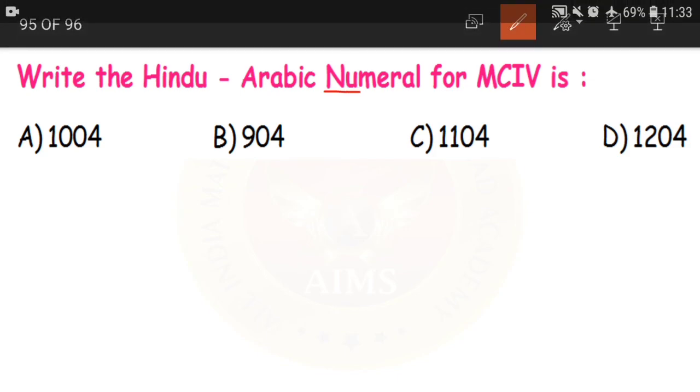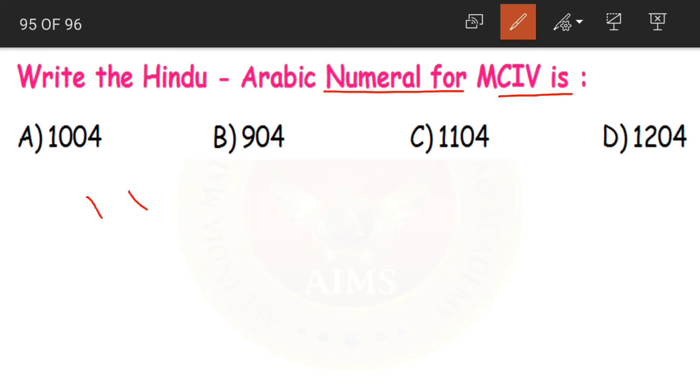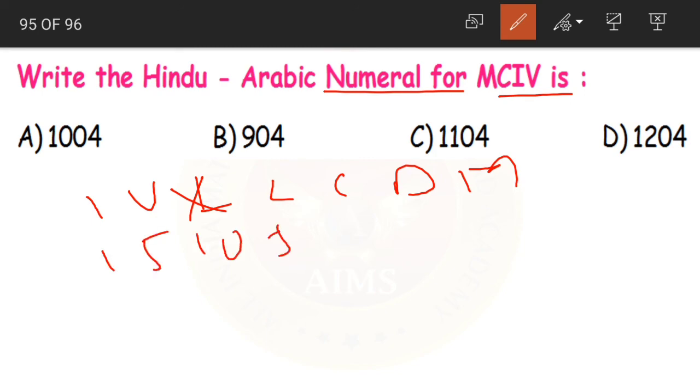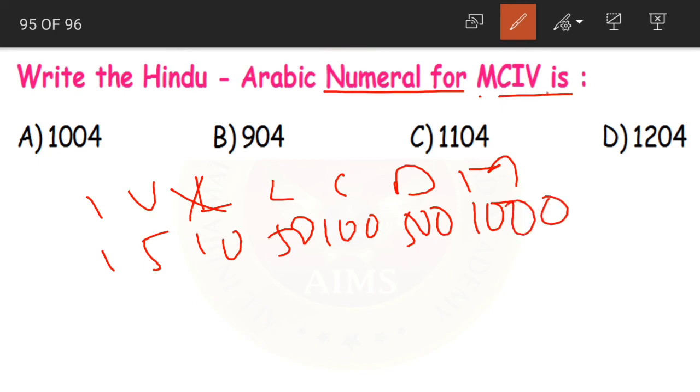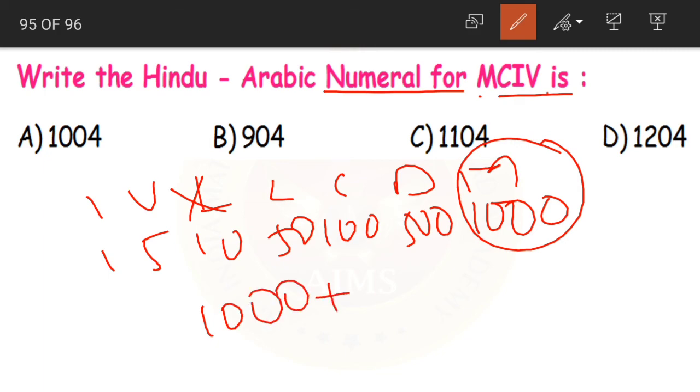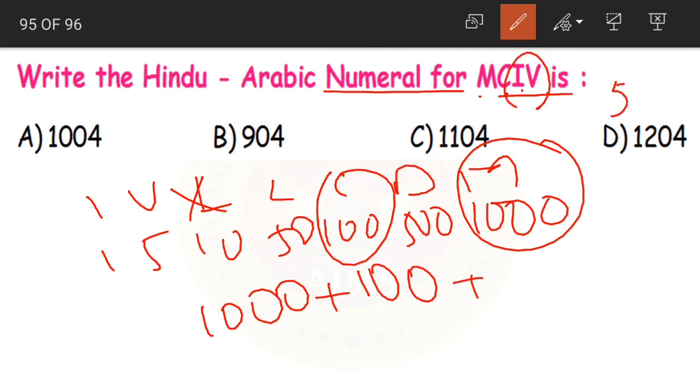Next, the last question for today. Write the Hindu-Arabic numeral for MCIV. Again, I, V, X, L, C, D, M: 1, 5, 10, 50, 100, 500 and 1000. MCIV. M here means 1000. So 1000 plus C. C means 100. Plus IV means what children? IV means 5 minus 1, that is equal to 4.